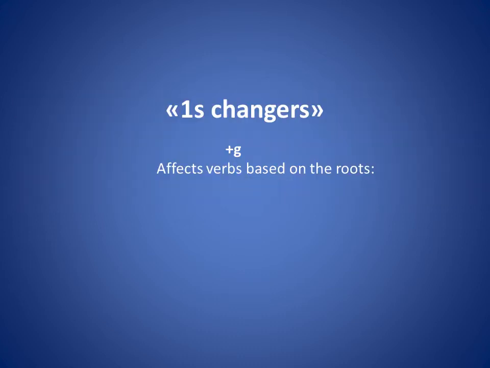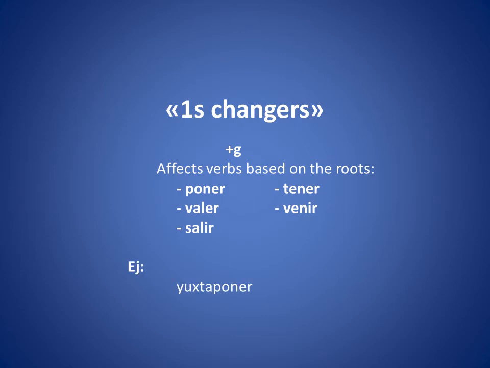We have a very similar concept here, the plus G, and this is going to affect verbs that are based on the roots of some very common verbs: poner, tener, valer, venir, salir. So look at these examples and see if you can figure out which of them is going to be affected by this change.